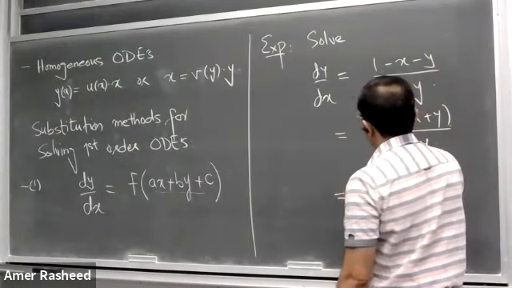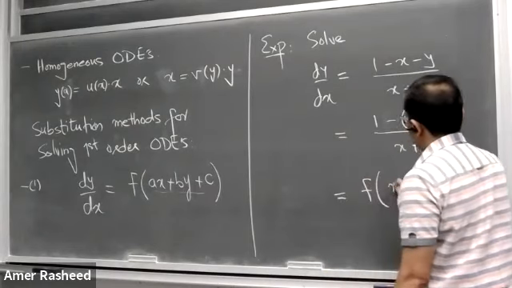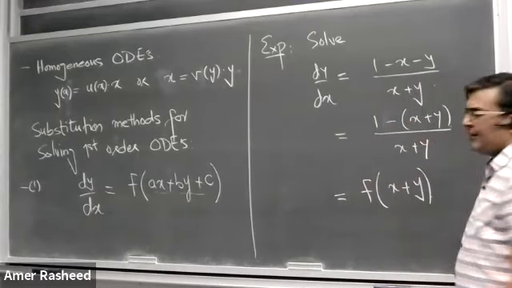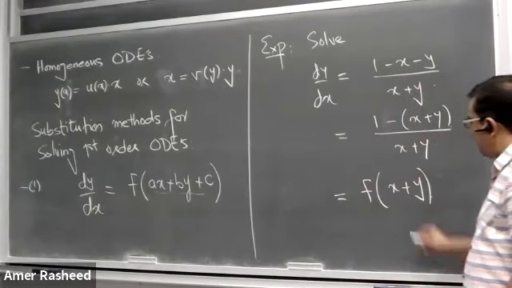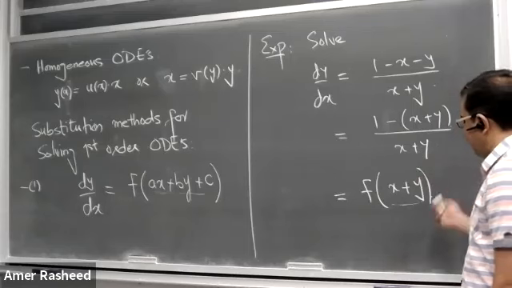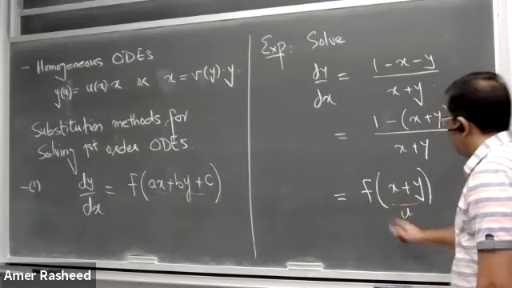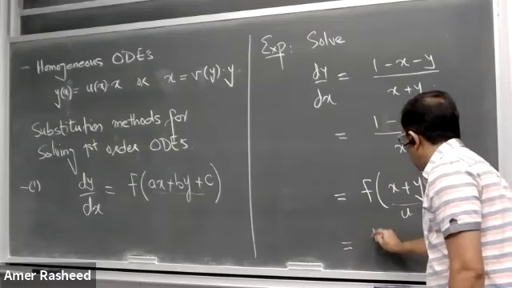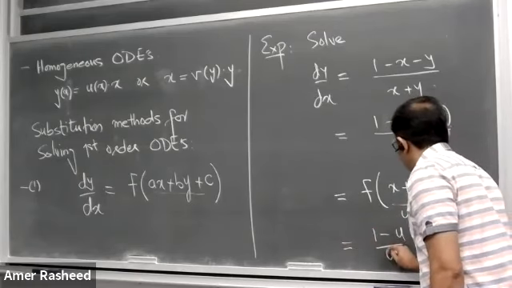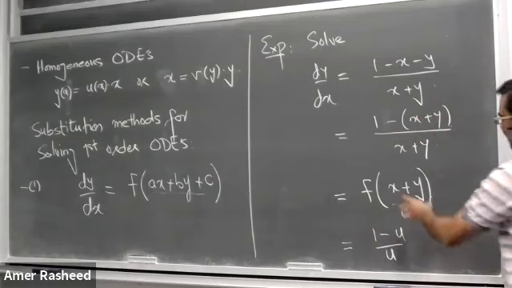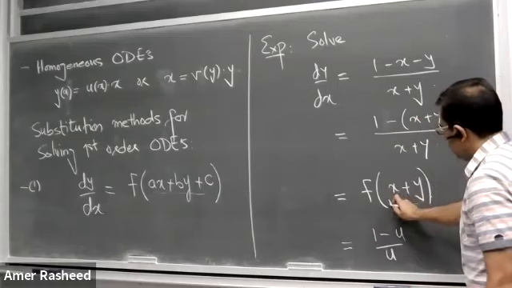So in fact, it is a function of x plus y. If we assume that x plus y is some other variable, maybe u, then it can be written as 1 minus u divided by u.